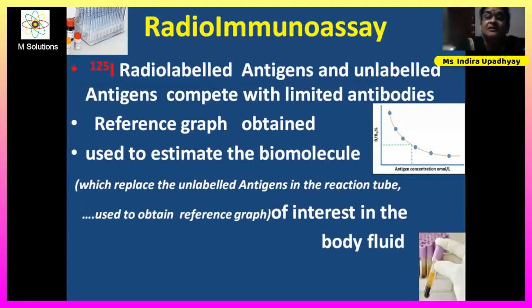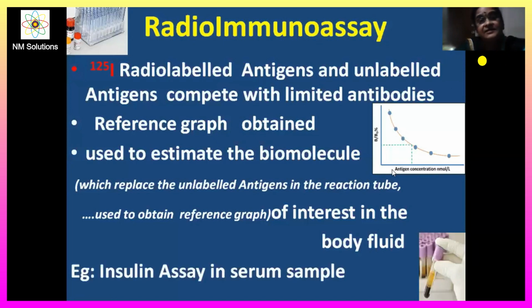And the analyte, as we call it in this test, will be measured using this reference curve, because the radioactivity will be known in that reaction tube and the unknown concentration will be found using this reference curve. Example is the insulin assay on a serum sample.